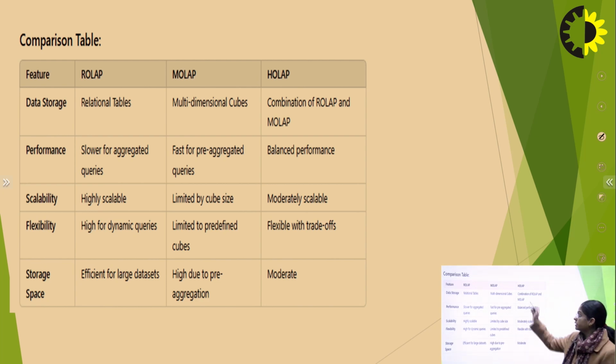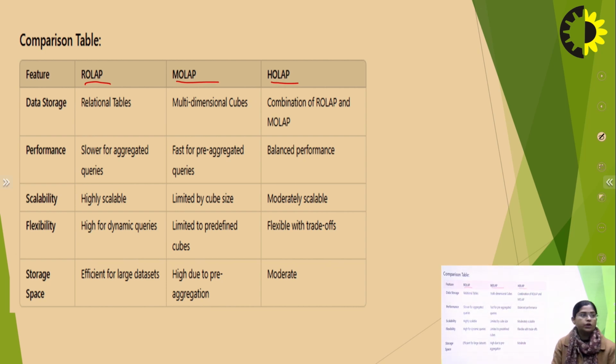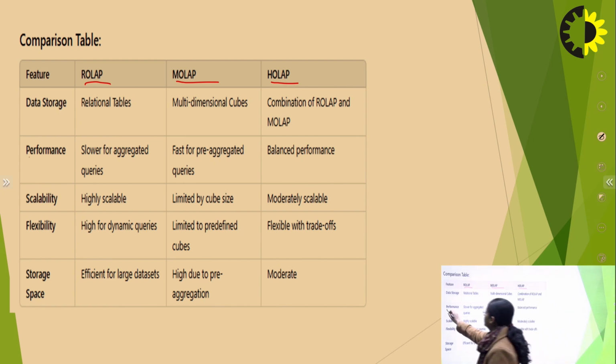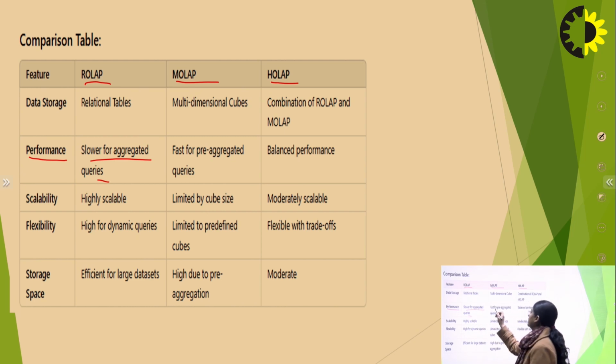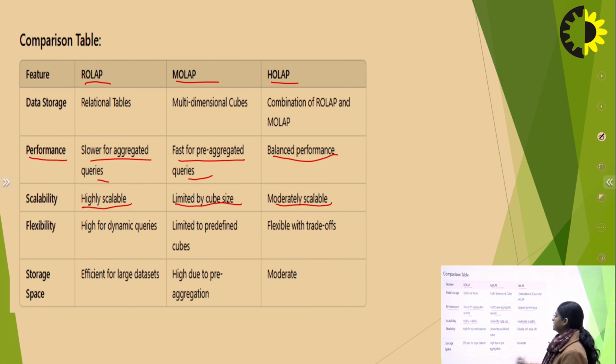Now, this is the comparison table of ROLAP, MOLAP and HOLAP. So, ROLAP is relational table, MOLAP is multidimensional table, and HOLAP is combination of ROLAP and MOLAP both. And what is the performance difference? ROLAP is slower for aggregated queries and MOLAP is faster for pre-aggregated queries, and HOLAP is balanced performance. Scalability is highly scalable, limited by cube size, moderately scalable.